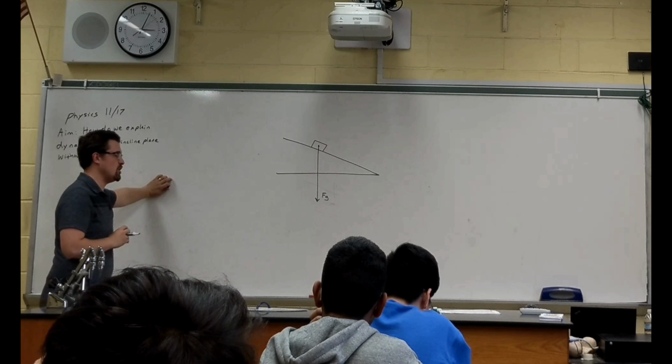What is a normal force? Can anybody give me a quick summary? Something that prevents the block from falling down. Yeah, it's like a responding force. And how do we define the direction that this responding force points?